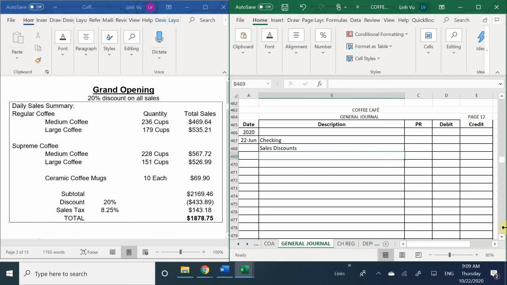Okay. And then we're gonna credit the sales dash medium regular coffee. And then sales dash large regular coffee. Sales dash medium supreme coffee.